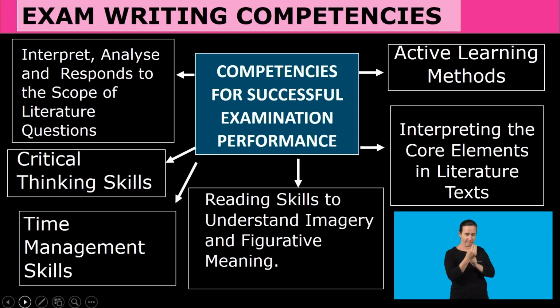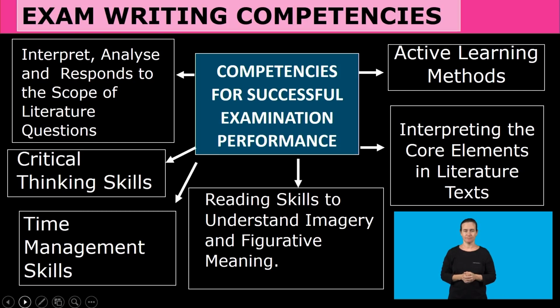And I'm sure you have seen how literature questions are particularly set out to target a certain answer from the text. You need to have critical thinking skills. Time management is paramount because you are time bound in the exam room, okay? Reading skills to understand imagery as well as figurative meaning, which means you must be able to interpret the text as you are reading it so that you can respond appropriately.